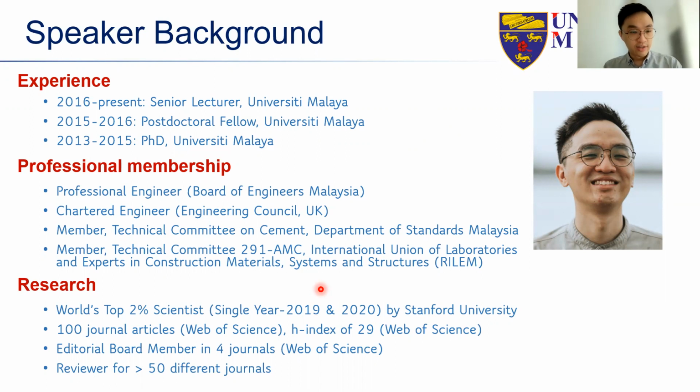I'm categorized as the world's top 2% scientists, according to the research done by Stanford University for the single year 2019 as well as 2020. I currently have published 100 journal articles, and these journal articles are all indexed in the Web of Science. And I currently have an H index of 29 according to the Web of Science.